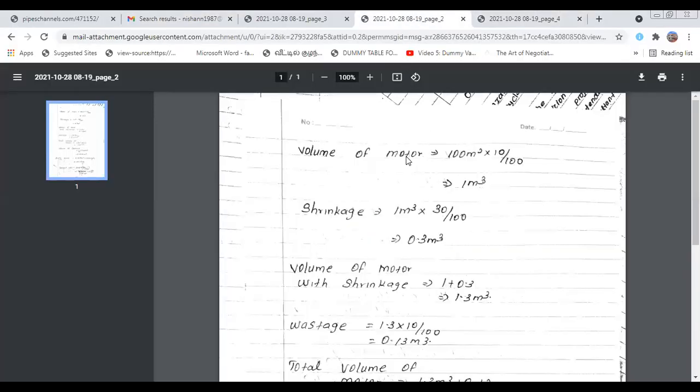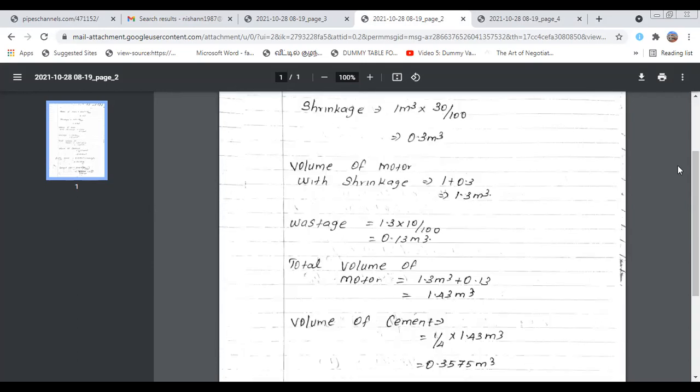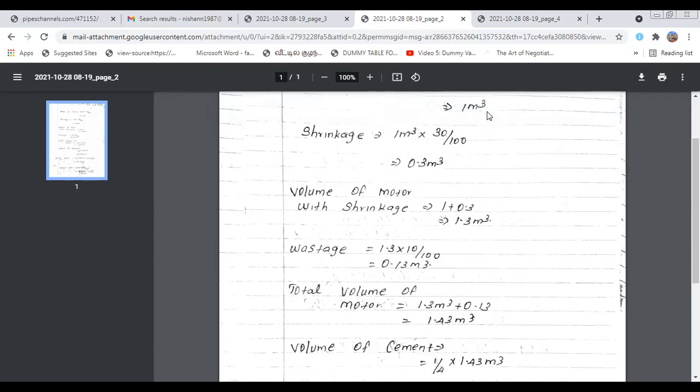Okay, the volume of mortar for the 100 meter square, for the thickness of 10 millimeter, so multiplying gives 1 meter cube.